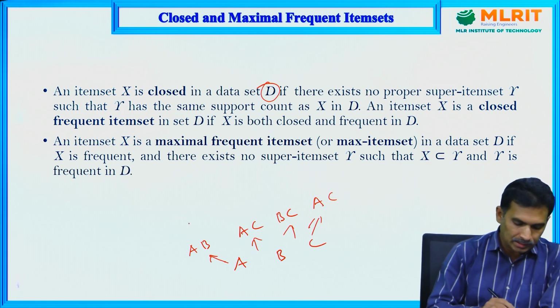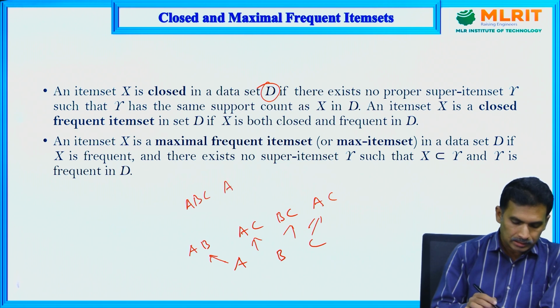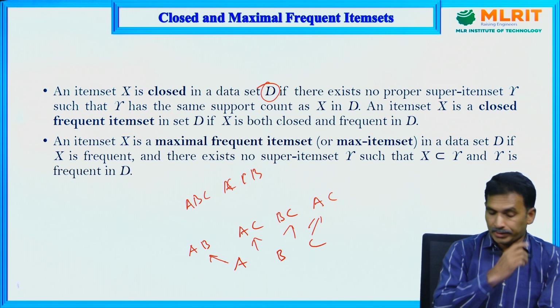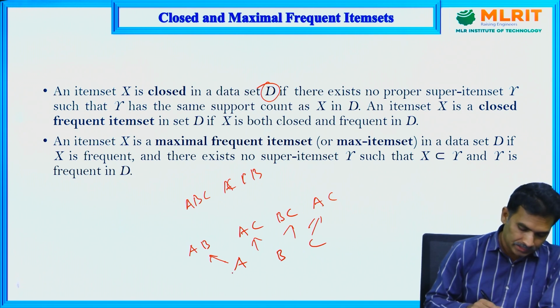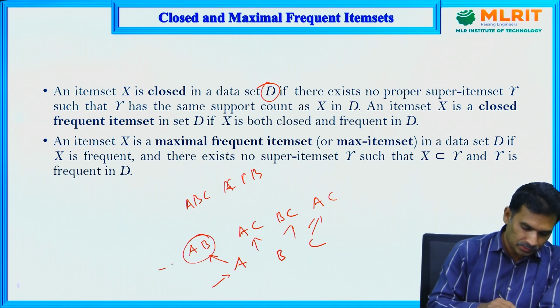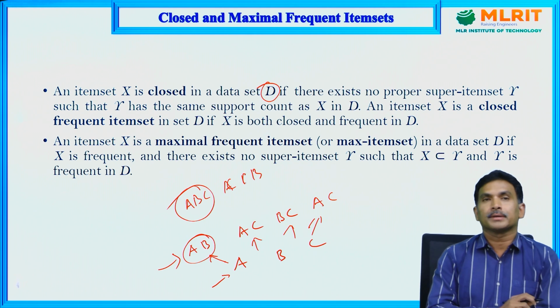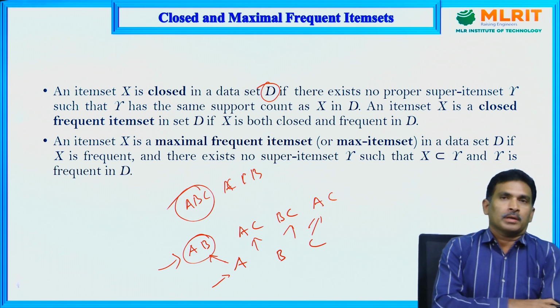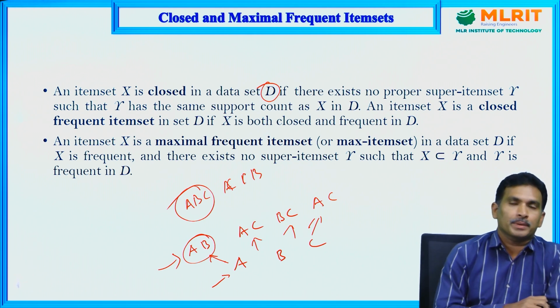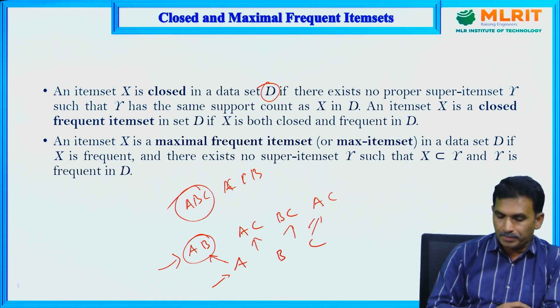Similarly, from these we could also generate ABC. These are the super item sets. So if there exists no proper super item set, no proper means proper subset.